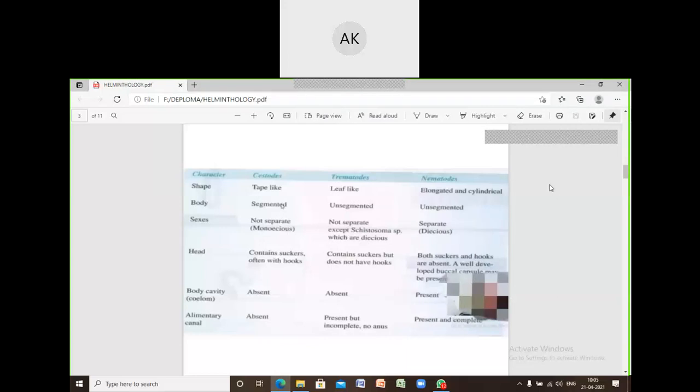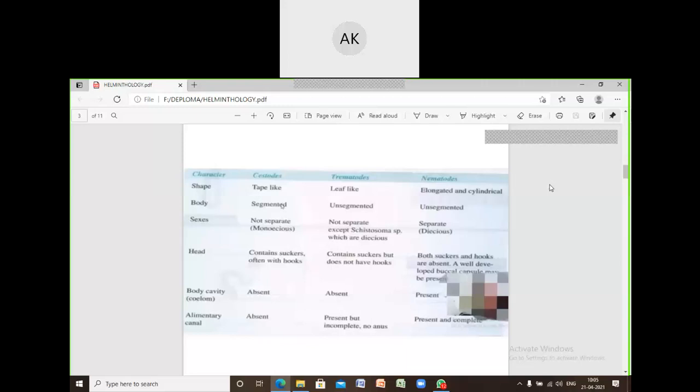So the alimentary canal is a muscular tube which connects from the mouth to the anus, right? In cestodes there is no alimentary canal, and in trematodes it might be present but it might be incomplete. That means it might not connect from the mouth to the anus.